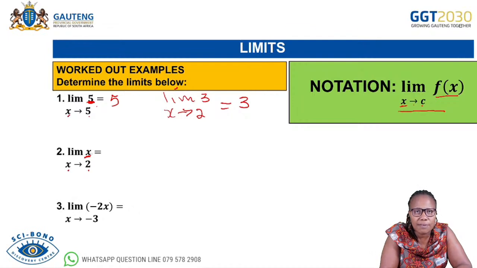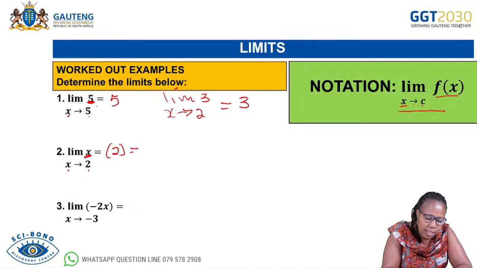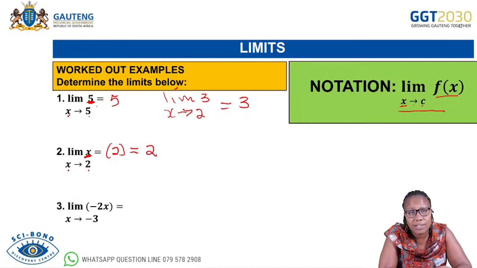This one is straightforward, it's just the lim of x. So we can now apply the 2. Remember, x is approaching 2. It is not actually equal to 2. So we are just going to substitute 2 to make life easier for us in the space where we are having an x, and this will give us an answer equal to 2. That is the second example.